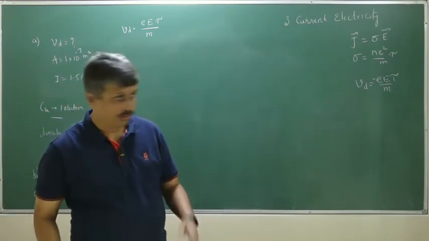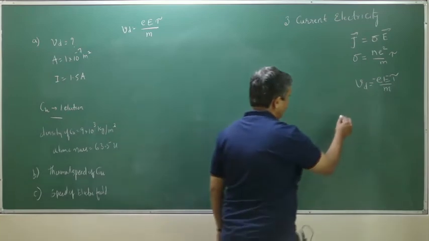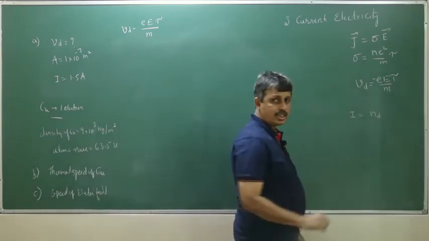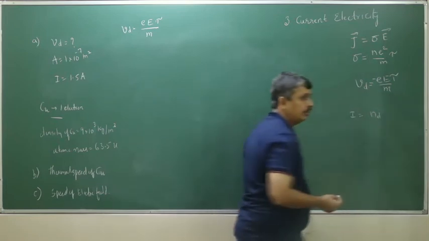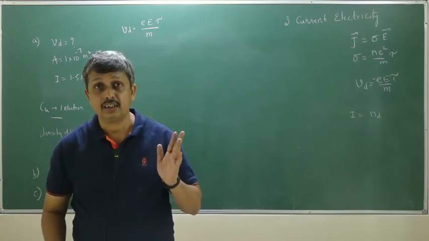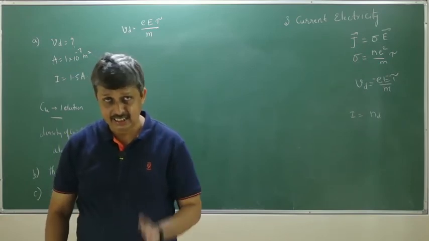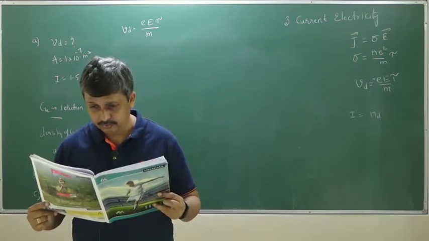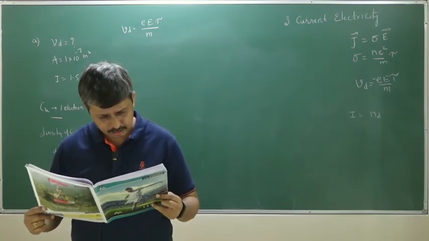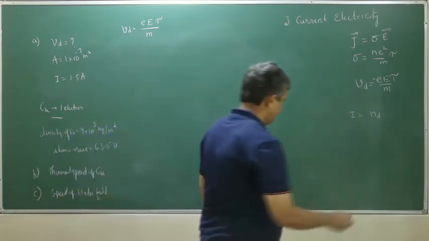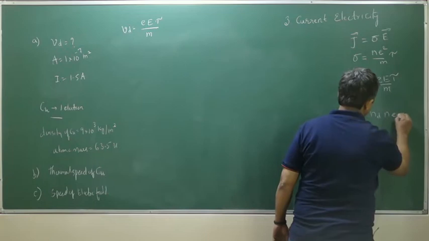We said that I is equal to drift velocity into n into E into A, correct. This is what we said.